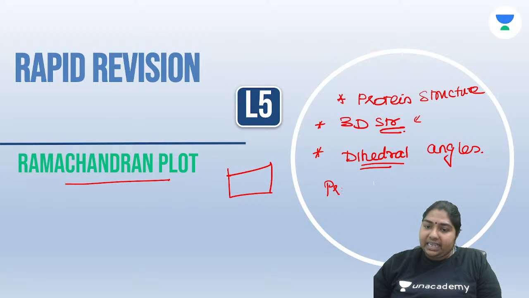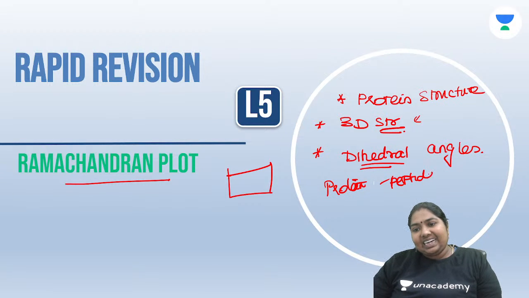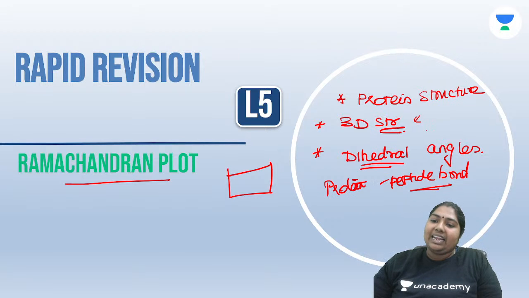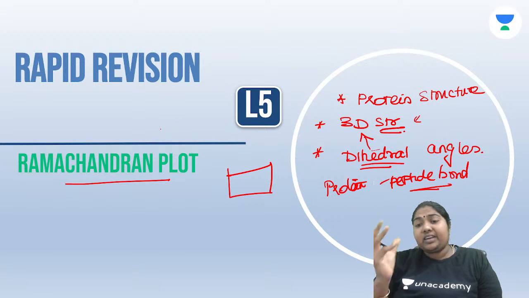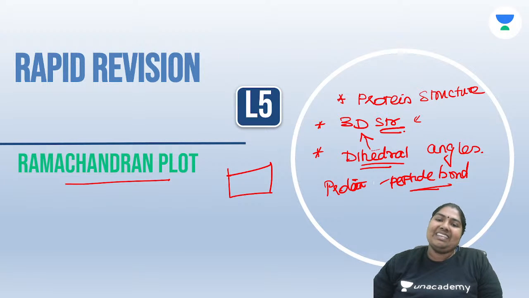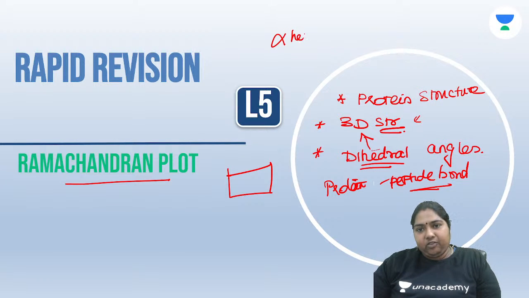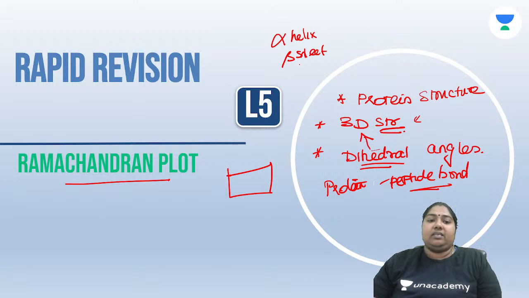Likewise, our proteins are made up of peptide bonds and contain many angles. Those angles are elucidated to understand the different dimensions of the structures, whether it is going to be an alpha helix or a beta sheet. So this is what the Ramachandran plot is all about.